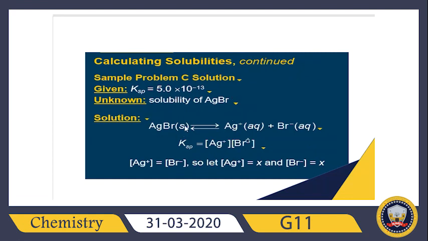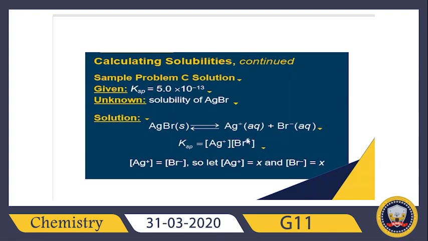So silver bromide will dissociate according to the following equation: 1 mole of silver bromide will give us 1 mole of silver and 1 mole of bromide ion.